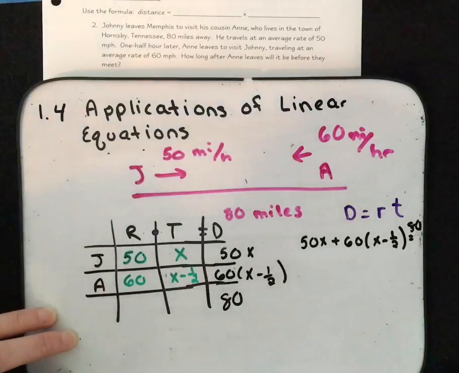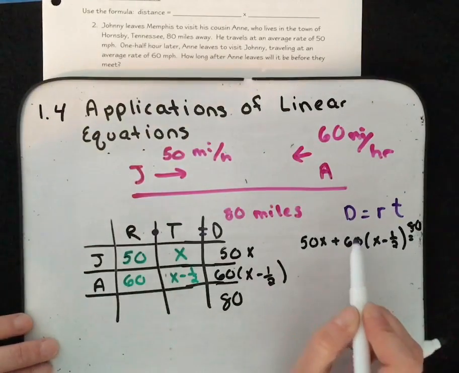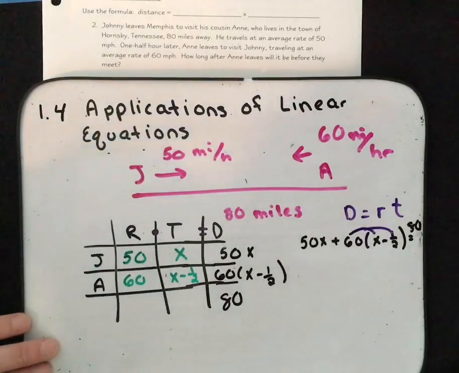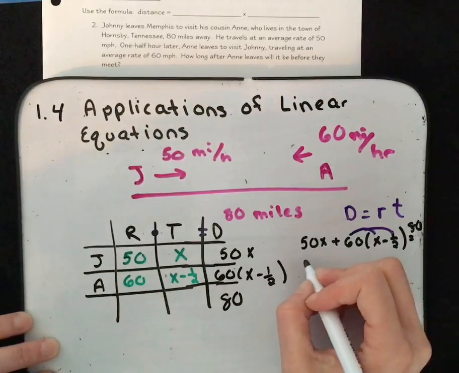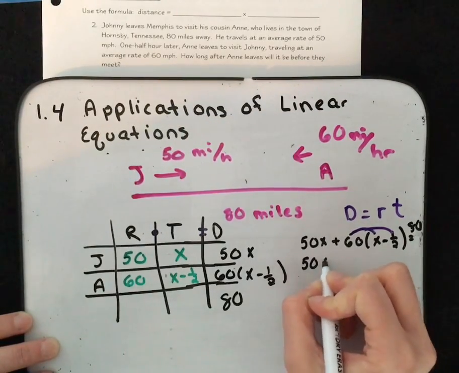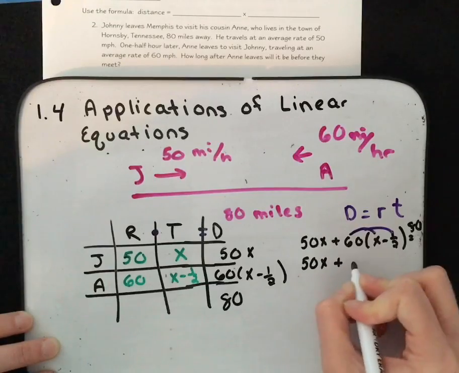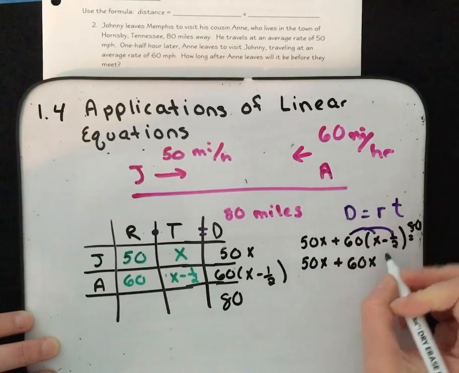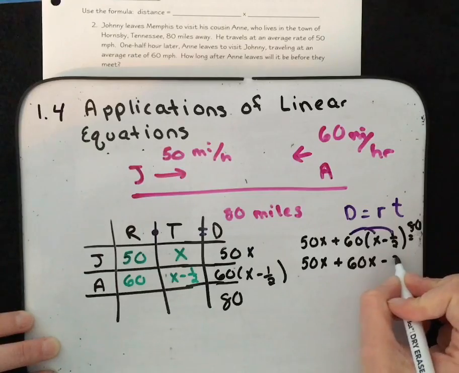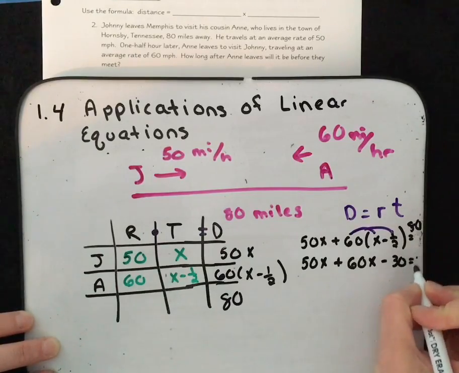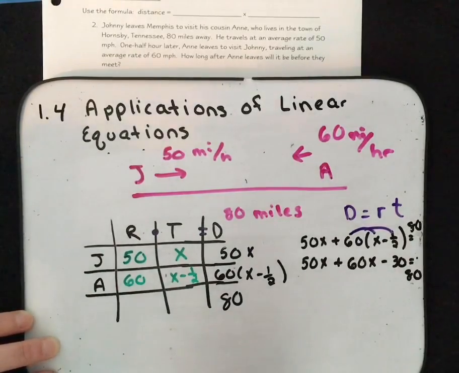Then we can distribute, and we'll be left with 50x plus 60x minus 30 equals 80.